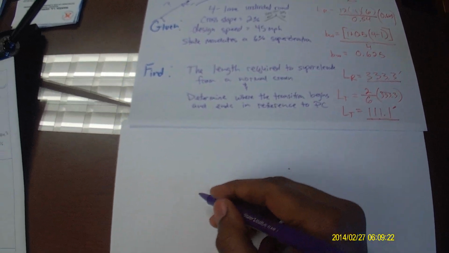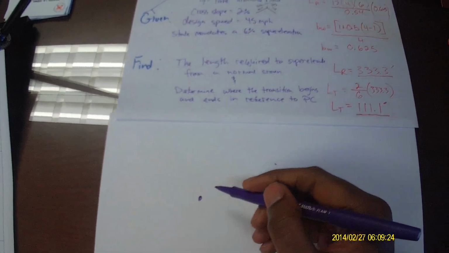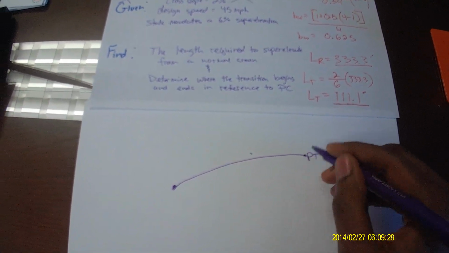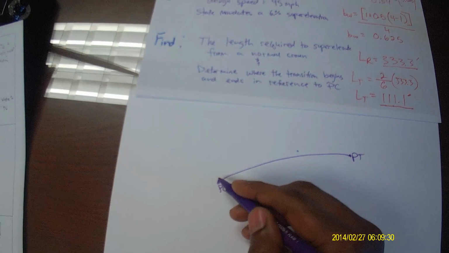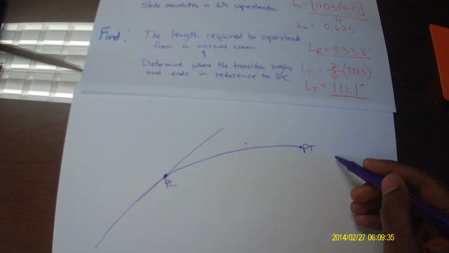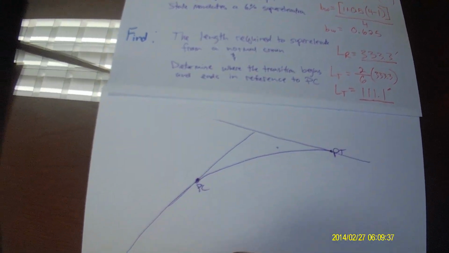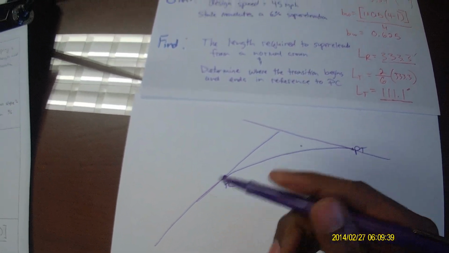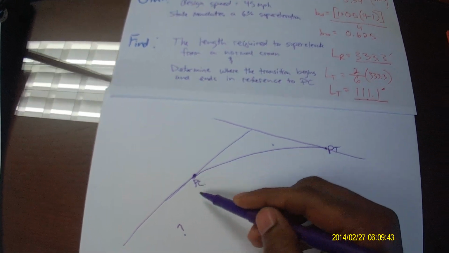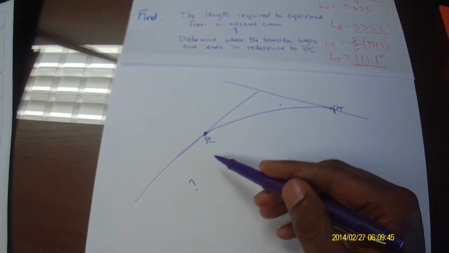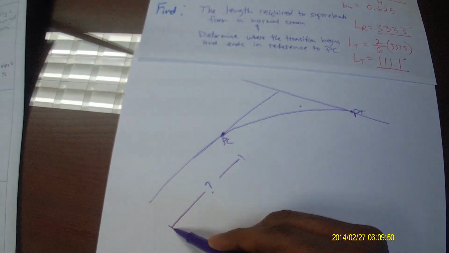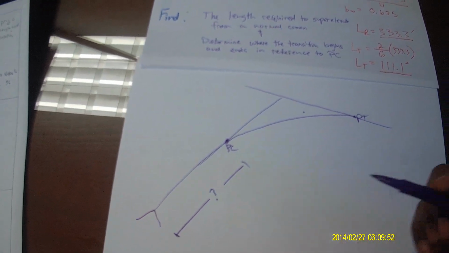So I have my PC and my PT, and I know that they basically are connecting 2 tangents, and one of the things I wanted to determine was, where should the transition begin? Where should this transition from a normal crown begin?